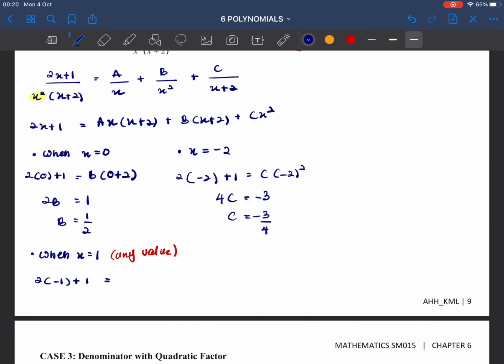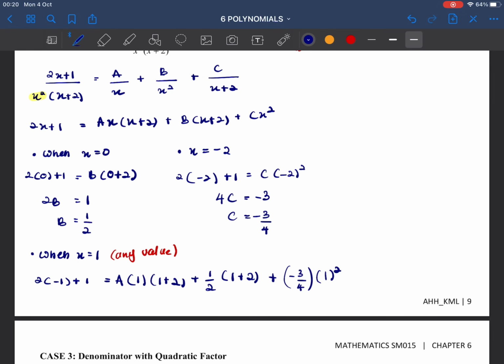Okay, another typo there. 2 times 1 plus 1 equals to a times 1, (1 plus 2). And here b. Okay, b we have 1 over 2. Okay, we have (1 plus 2). And c also, we already have our value. We have negative 3 over 4. Then substitute here. Negative 3 over 4 times x, which is 1 that we chose.